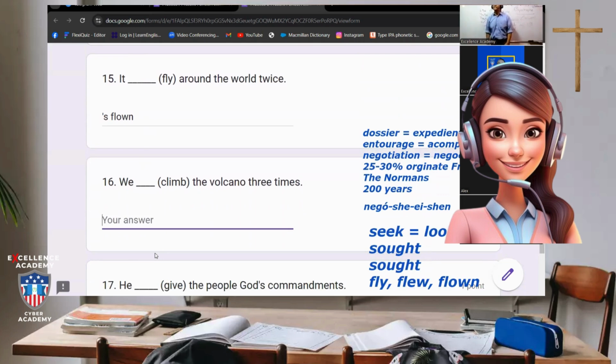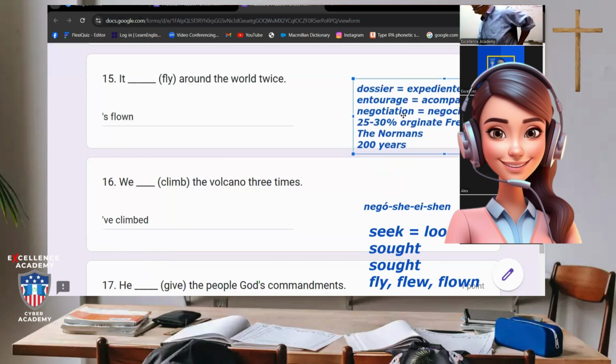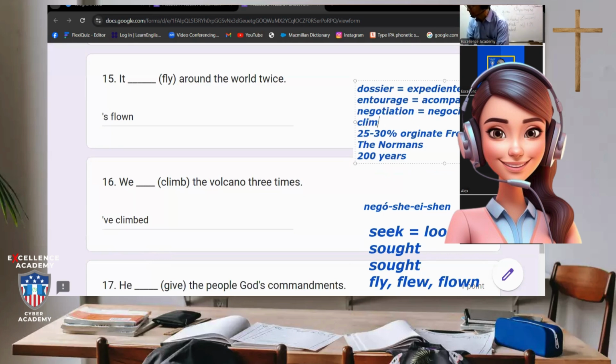Okay, let's go. Number 16. We climbed the volcano 3 times. What's the contraction? We've. All right, and come on, gringuitos. Climbed. How do you pronounce that one? It's another French word, man. Climbed. We used to have a French guy over here, and he explained to me that the French economize words, economizan muchas pronunciaciones.